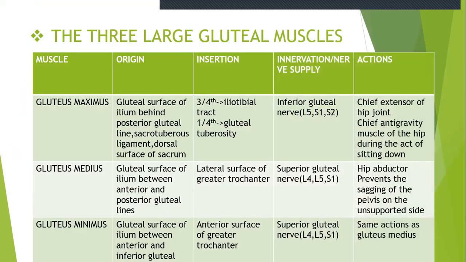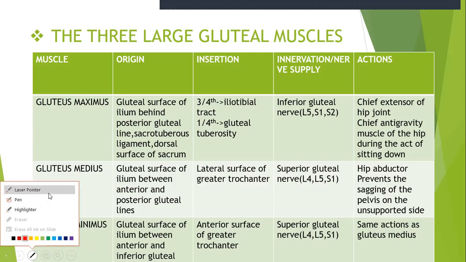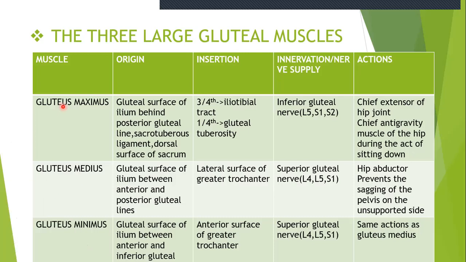So let's start with the 3 large gluteal muscles. They include the Gluteus Maximus, the Gluteus Medius, and the Gluteus Minimus. Now, their origin. The Gluteus Maximus originates from the gluteal surface of the ilium behind the posterior gluteal line.